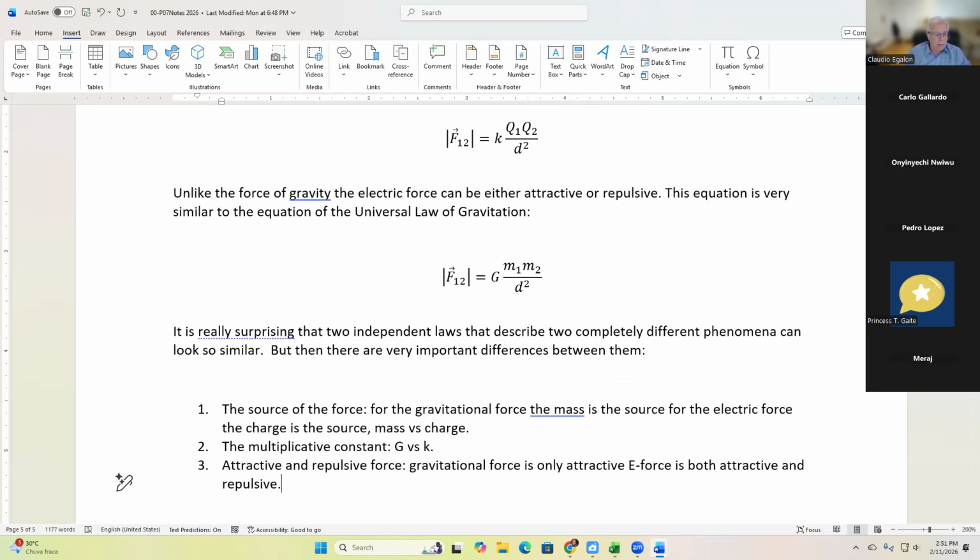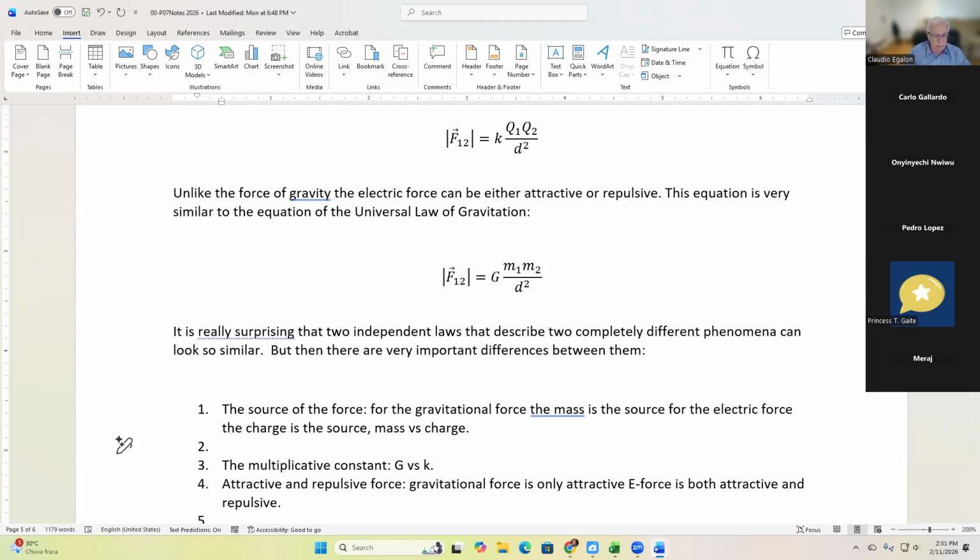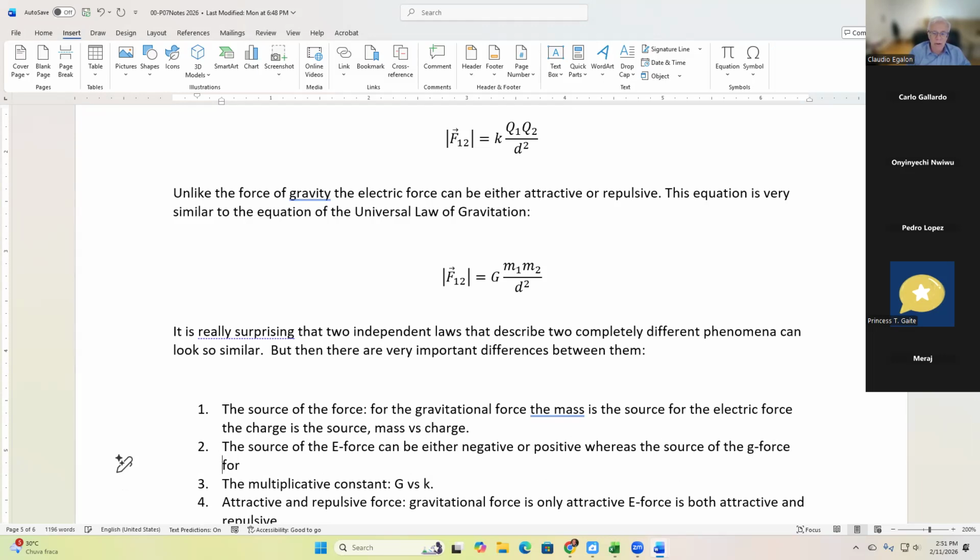Another important difference, item number 2: the source of the electric force can be either negative or positive, whereas the source of the gravitational force is only positive.